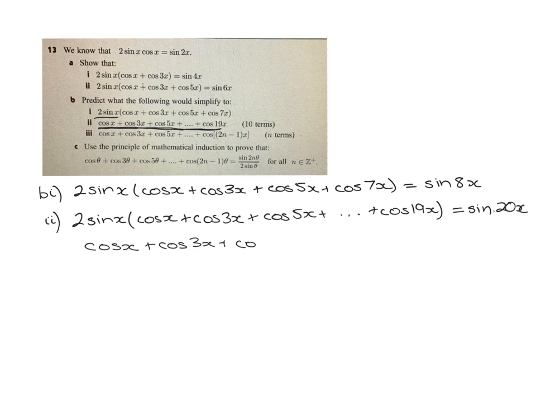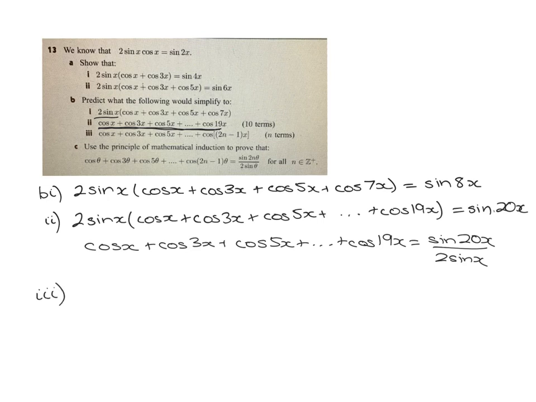Just good old algebra, but also hard to see in the beginning. That's very fair. So that's equal to sine 20x over 2 sine x. Can you actually simplify that or not? So we okay with that?